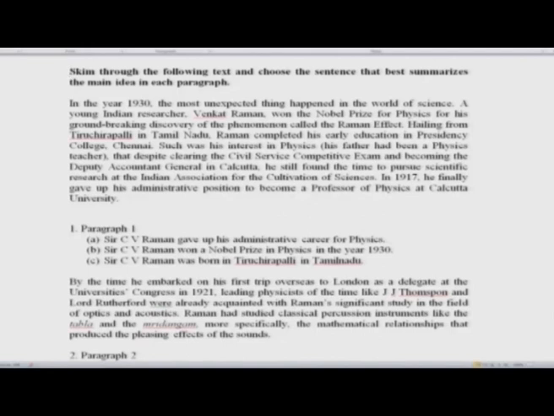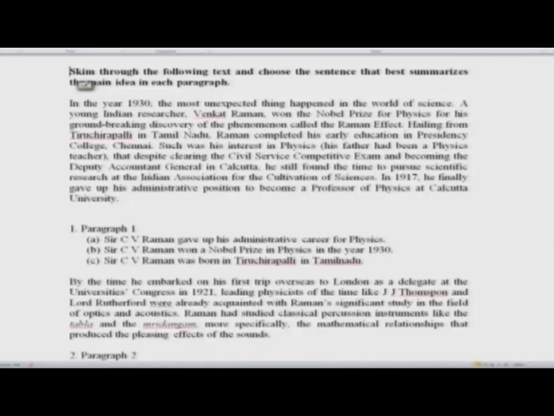Then you find the word Tiruchirappalli. This is the place where he was born. Then Presidency College, he completed his early education. Then you find the words civil service competitive exam. So, what is it about? He had cleared it and he had become Deputy Accountant General in some other place.